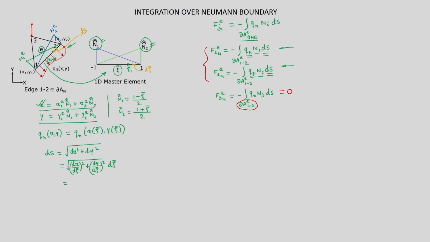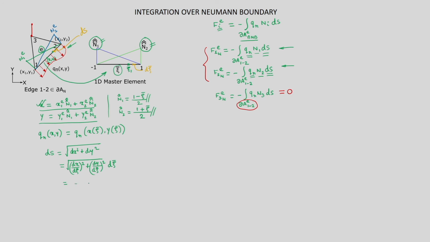And what is dx/dxi bar? If we put the values of n1 hat and n2 hat, dx/dxi bar is minus half for n1, and for n2 we have plus half. So we get (x2 minus x1)/2.